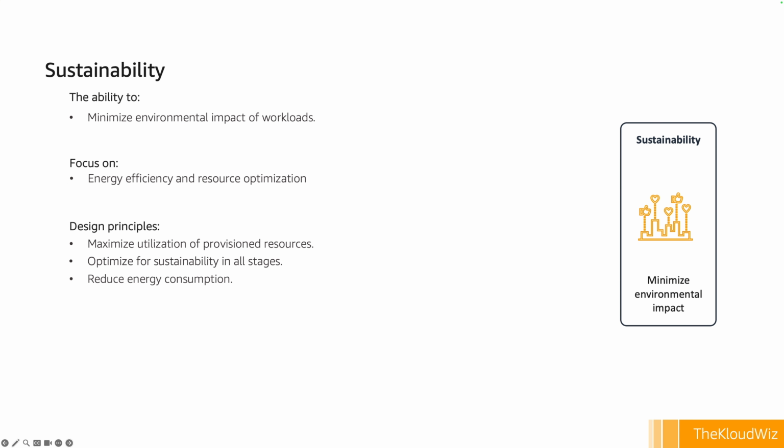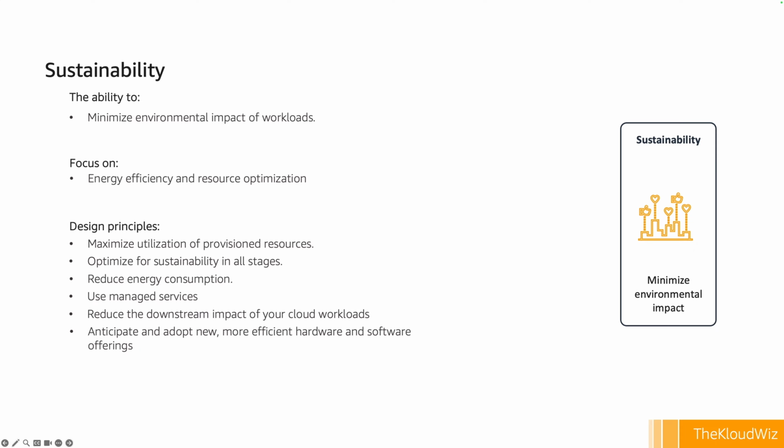You reduce the energy consumption, as I explained earlier, and then using managed services. You also reduce the downstream impact of your cloud workloads. And also anticipate and adopt new, more efficient hardware and software offerings. You can read more on the sustainability pillar in the AWS white paper. I'm going to attach links to all these white papers in the description.